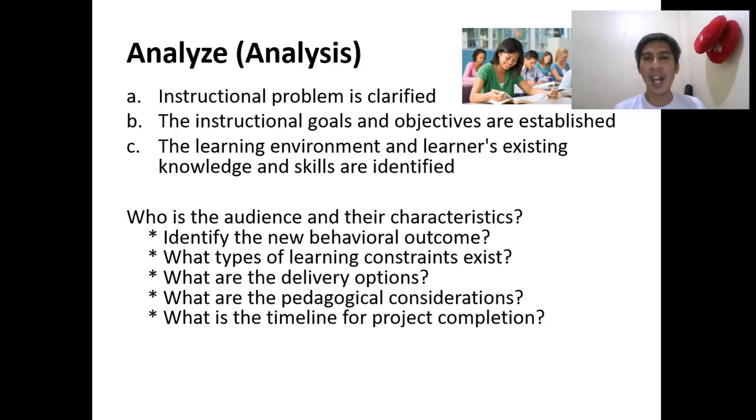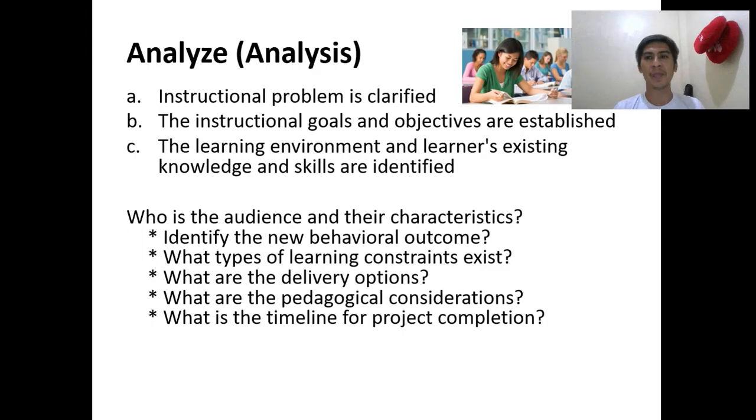What will you analyze? Analysis in the design includes that the instructional problem is clarified. What is the problem? Here in the analysis, the principle in A is that there must be a problem that you need to solve. For example, one of the problems shall be students' difficulties in solving binomials.